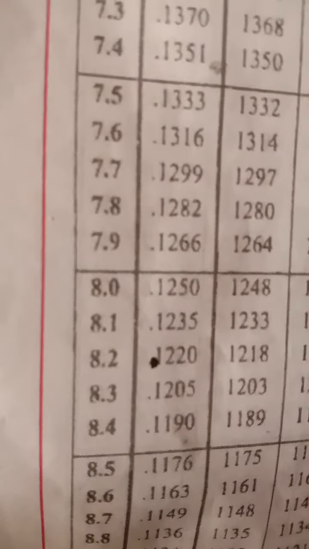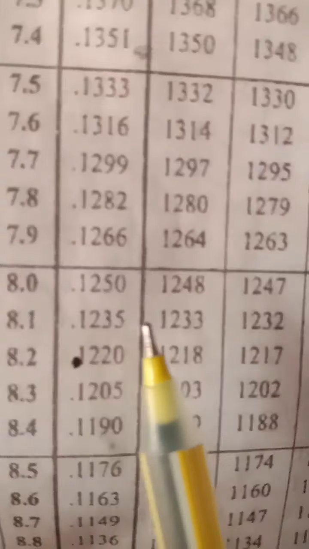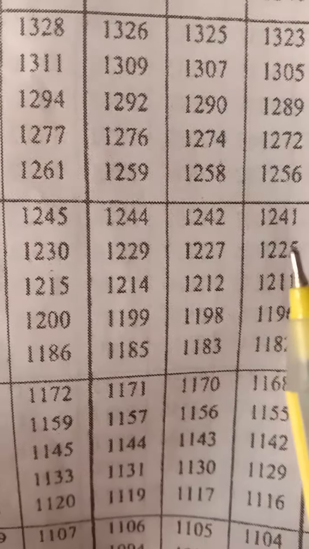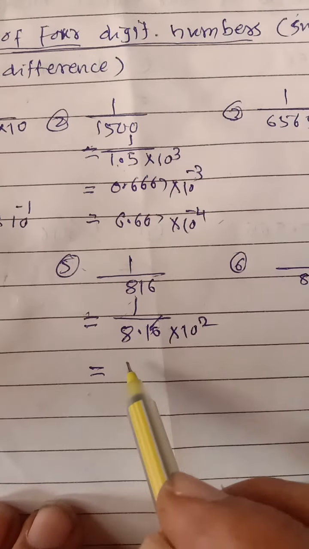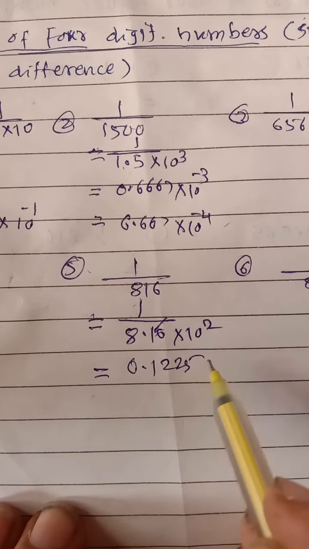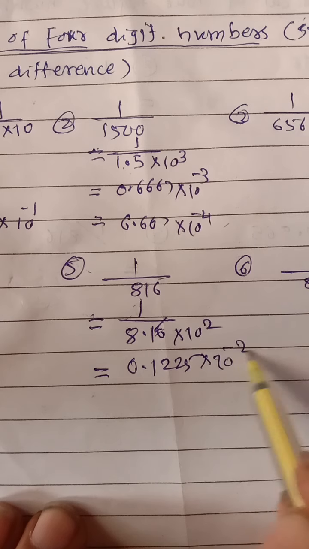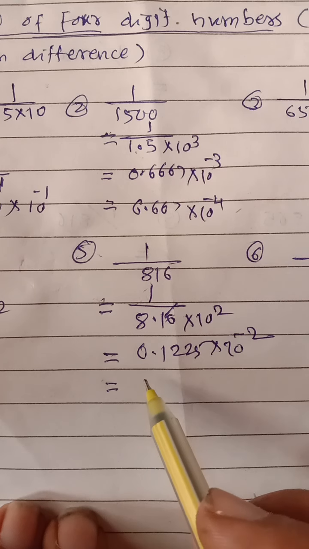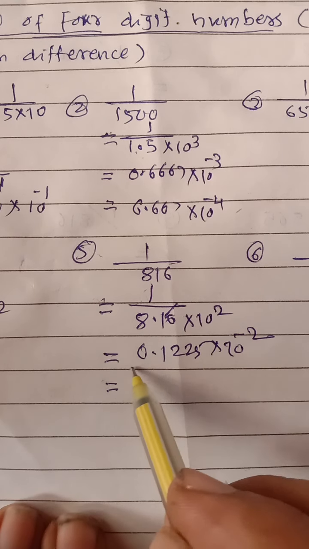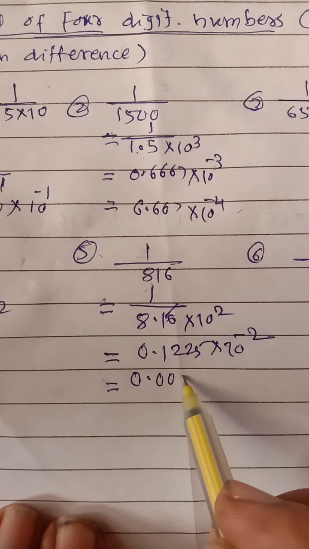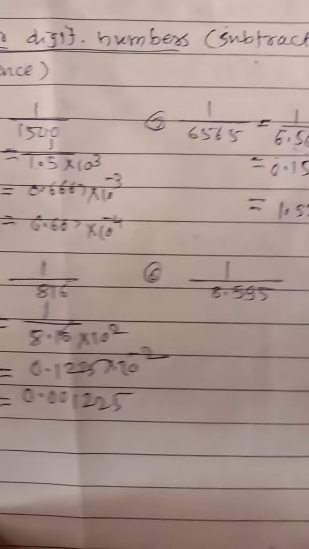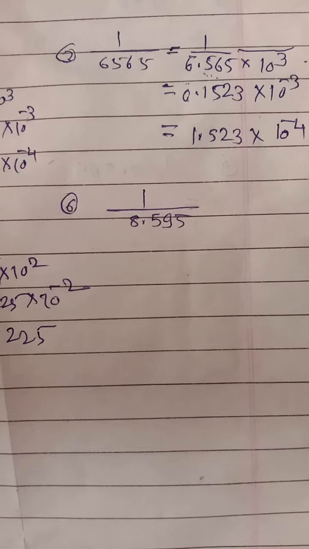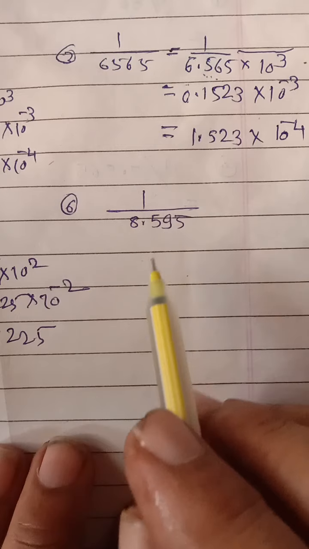Here is 8.1, and then in the sixth column it is 1225, that is 0.1225, and into 10 raised to minus 2, so that it will be equal to 0.001225.